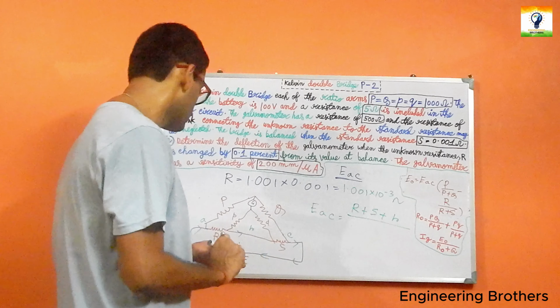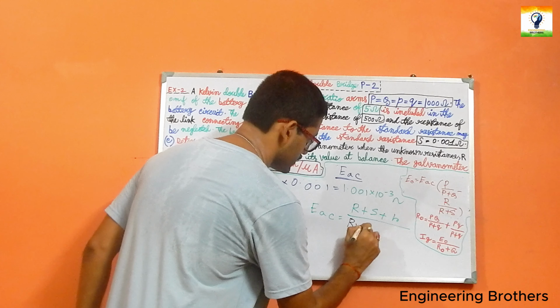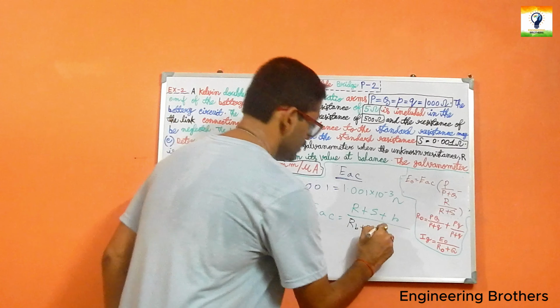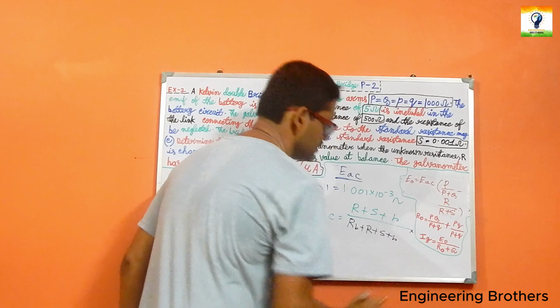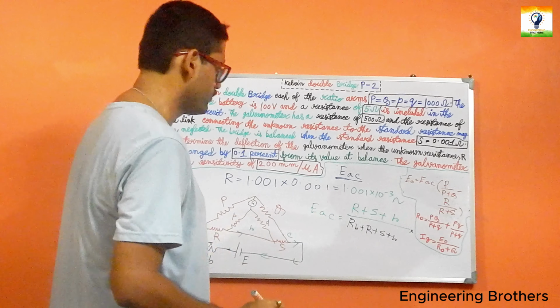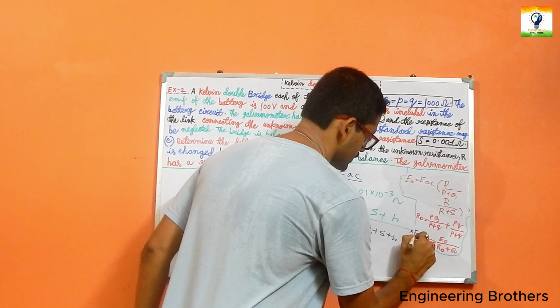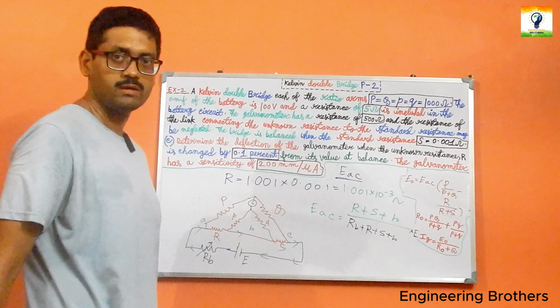In this case, the total resistance is RB plus R plus S plus small r, multiplied with our total voltage, that is nothing but E. So this is our expression for our EAC.